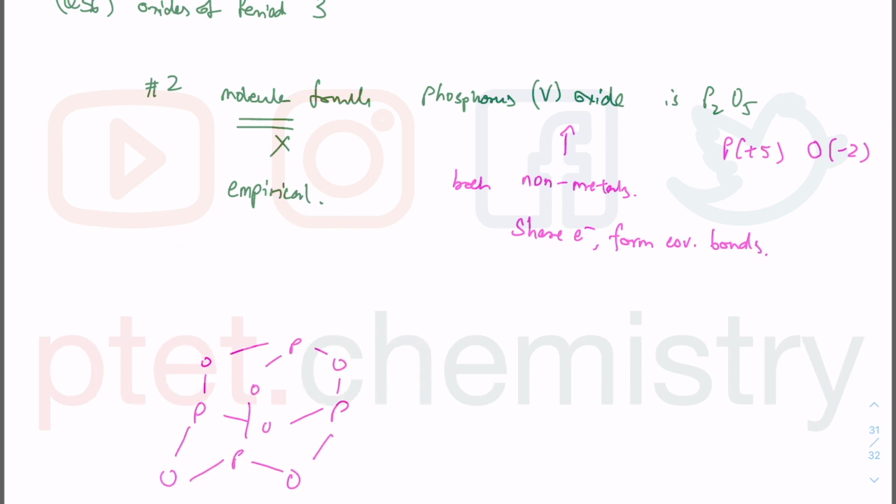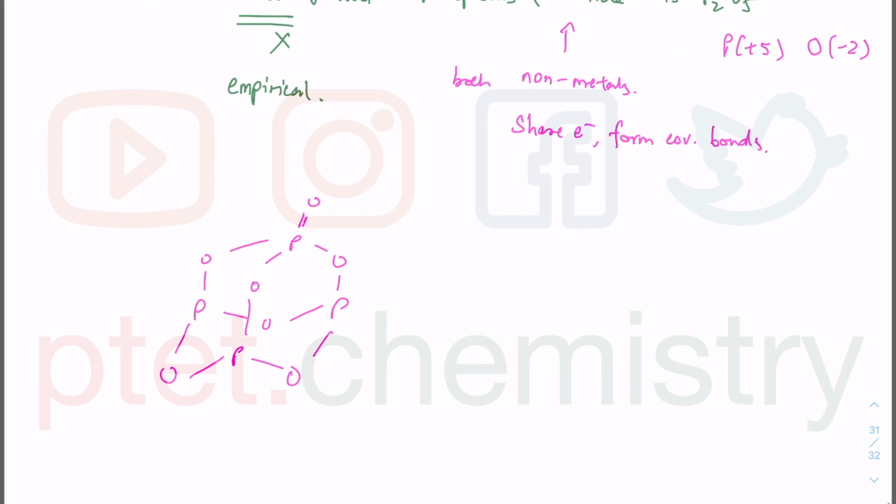And what P4O10 does is the phosphorus is further doubly bonded to the oxygen, such that each phosphorus will form 1, 2, 3, 4, 5 covalent bonds, and they become tetrahedral, 109 degrees, while each of the oxygens becomes 104.5 or 104 degrees because they have 2 bond pairs and 2 lone pairs, whereas the phosphorus has 4 bond pairs because you only count the sigma bonds, of which there are 1, 2, 3, and 4 there. Okay, so that is P4O10, and this is the molecular formula.